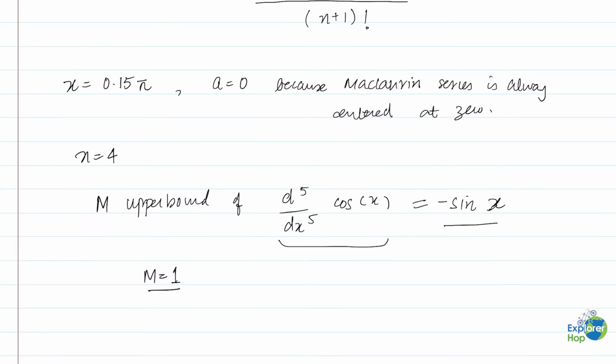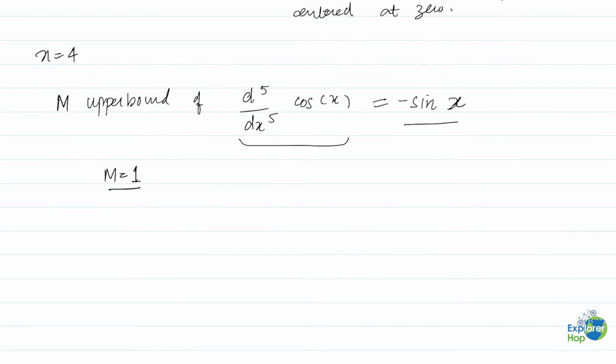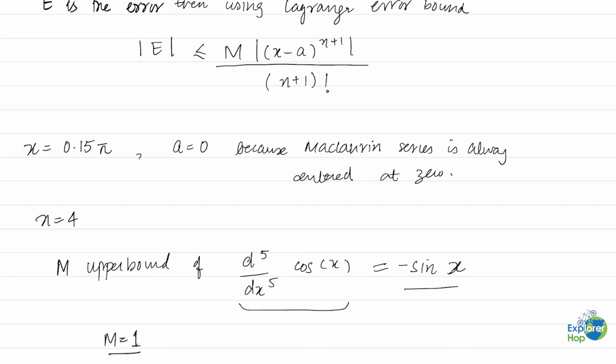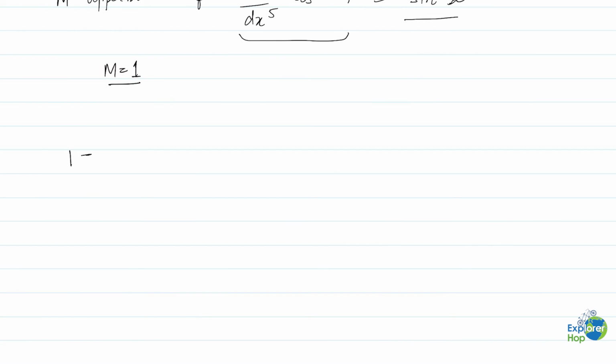Anyway, moving on. Now we have all the values. We'll just substitute them into this Lagrange error bound, and we would get E to be less than or equal to 1 times the absolute value of 0.15 pi to the power of 5 over 5 factorial, which, if we use a calculator to find out, would be 0.000194.